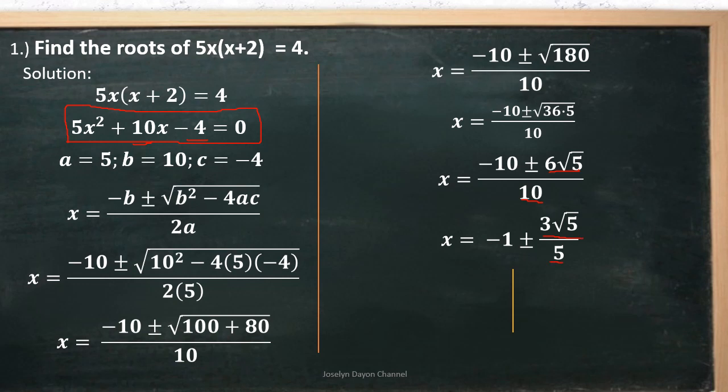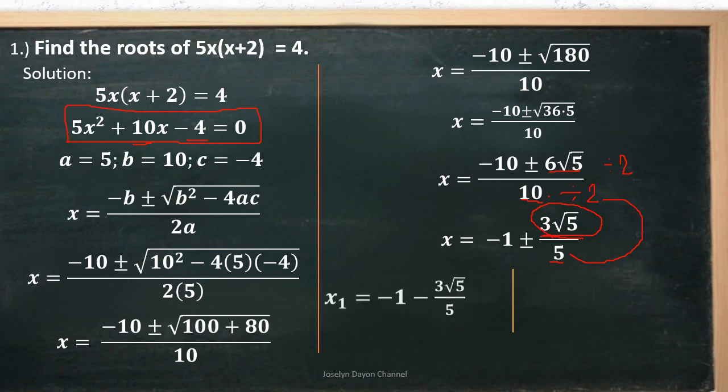We just get the greatest common factor between the two, and the greatest common factor is 2. So 6 square root of 5 divided by 2, the answer is 3 square root of 5. And 10 divided by 2, the answer for that is 5.